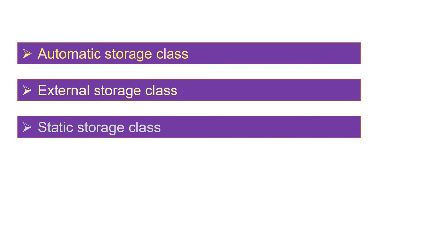The third one is the static storage class. A variable can be declared inside the main function or inside any user defined function. When you make a variable static, that particular variable persists as long as the program exists. Once the program ends, that static variable will be cleared from the memory.